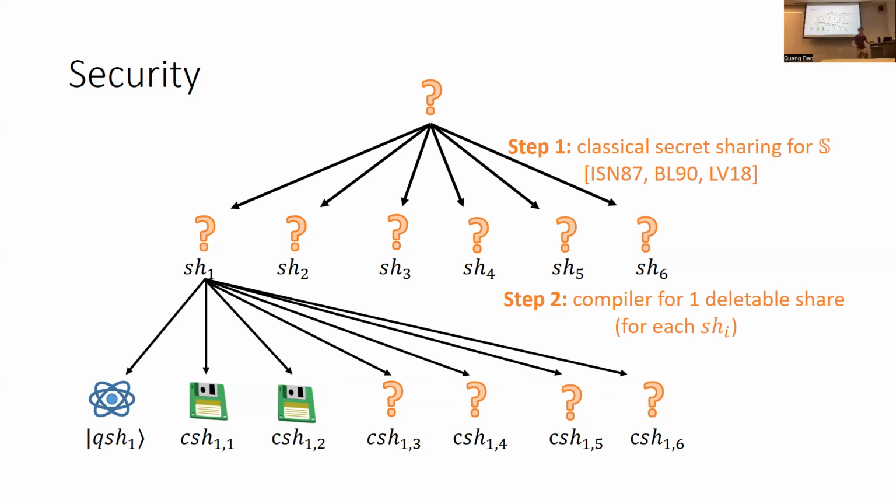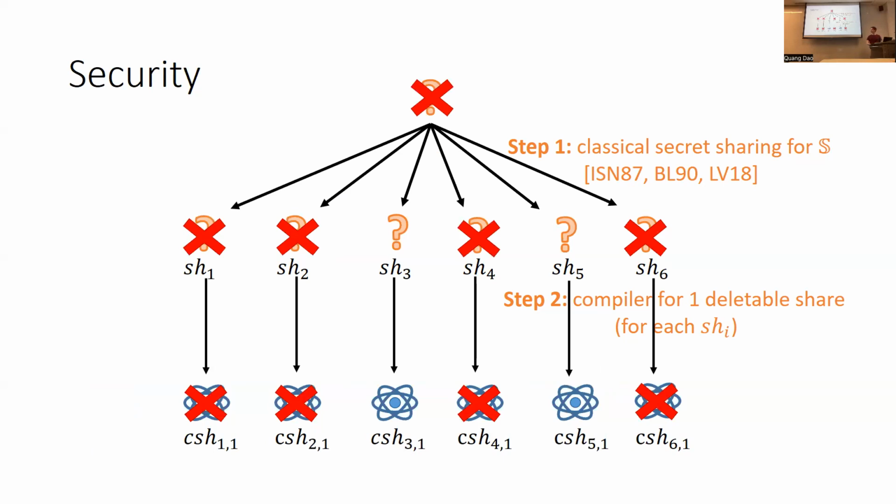So if it deletes the quantum piece of SH1, then we can use the same security that we just talked about for the prior compiler, and SH1 is gone. So if enough of these middle level shares are lost, then we have completely lost the original secret.